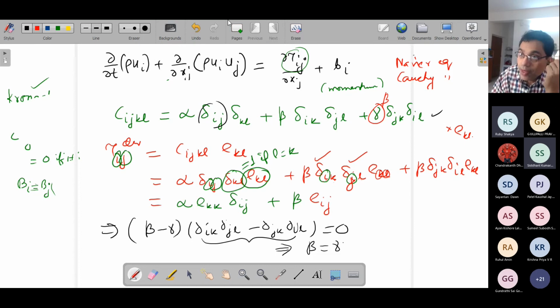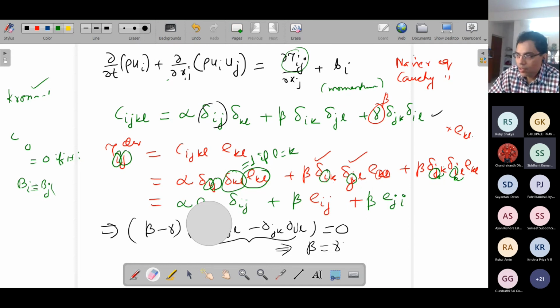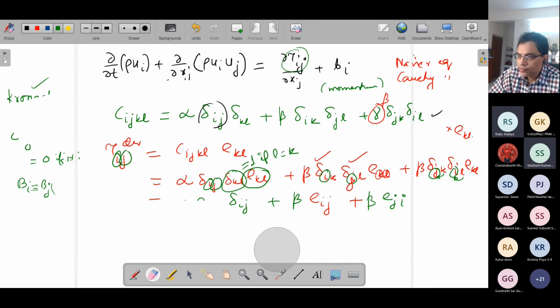Then plus there is another beta. Then here also you have this J and I. You are not playing with that, but you also know that these deltas are 1 when K is equal to J and L is equal to I. So when K equal to J and L equal to I, it becomes Eji. There is just one more step which will complete this.